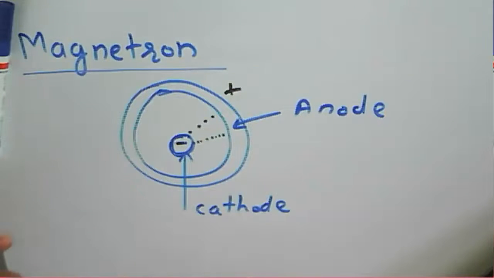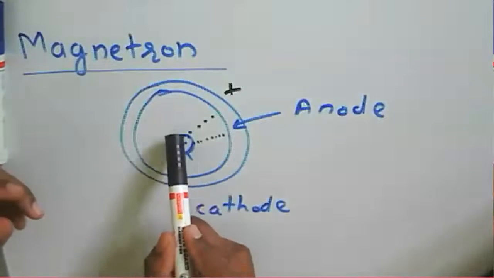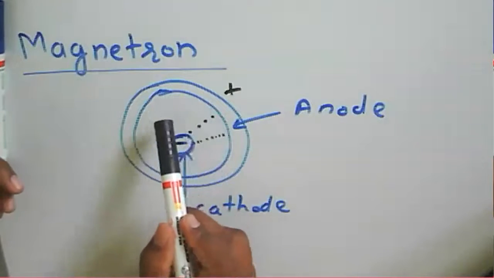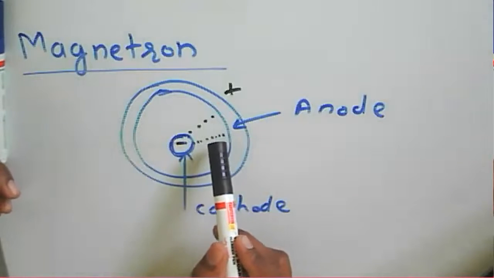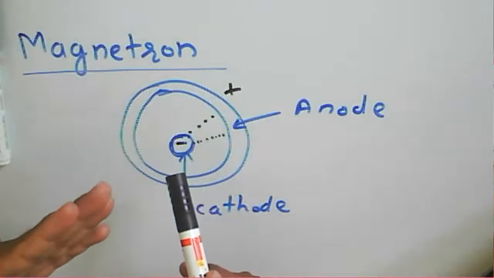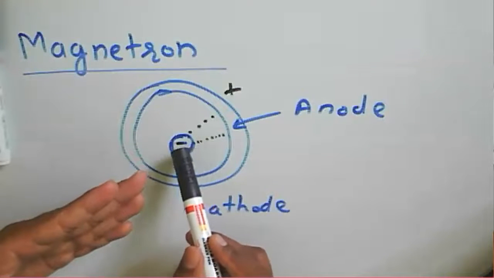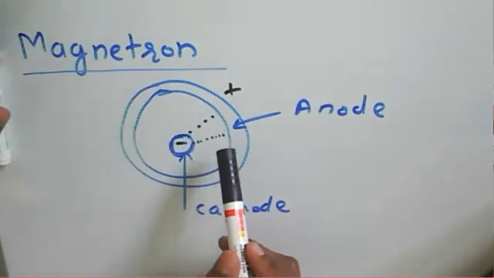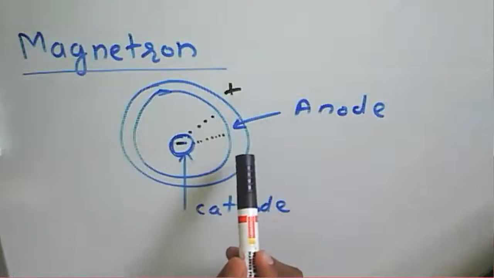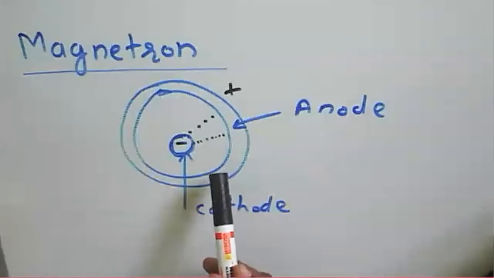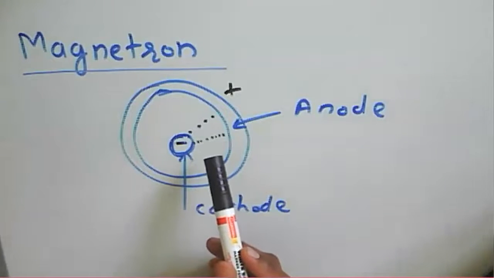Electrons have some velocity, so they move in the interaction region. This is the interaction space, the region between the cathode and anode, and they move in this space and then reach the anode. Since the anode is positive, the electrons are terminated.